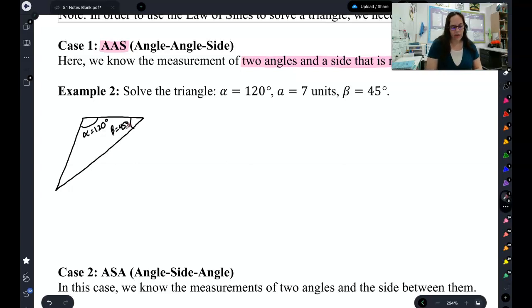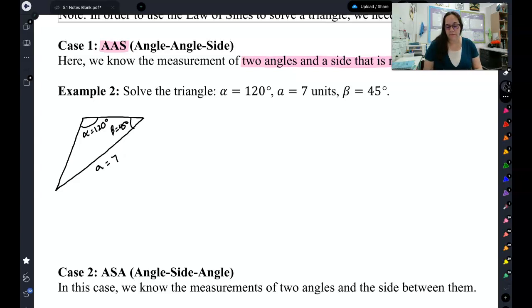Half of a right angle. So there's my 45 degrees. I try to draw this triangle accurately. Now, if I know that A is 7 units, that's going to be across from alpha. So I go across from alpha to get that this is 7 units.